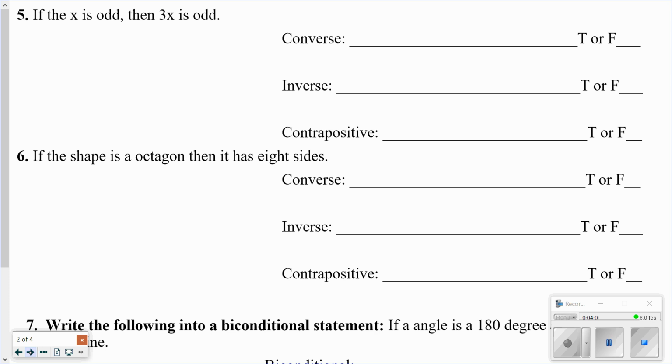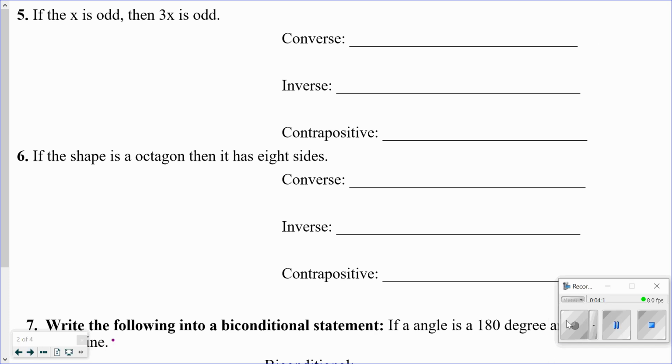All right, next we're going to get into writing the converse, inverse, and contrapositive from looking at our conditional statement. So for number 5, our conditional statement is if x is odd, then 3x is odd. So let's first write out our p, which is x is odd, and then our q, which is 3x is odd.